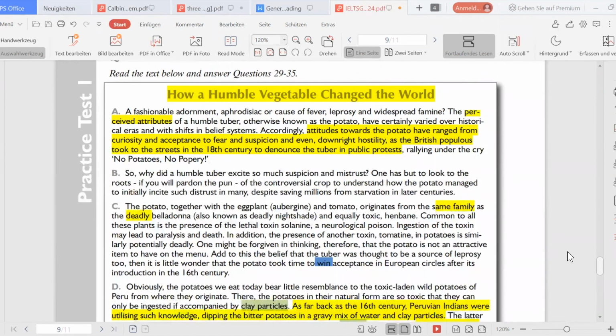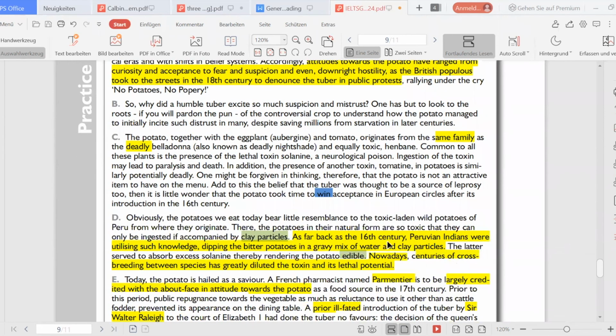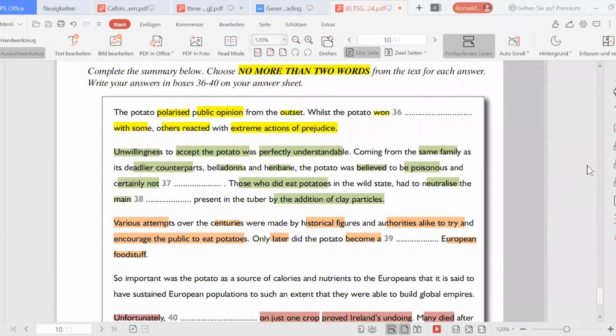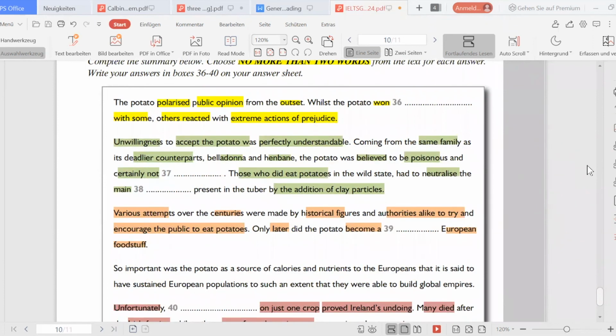So it's actually here. It's in C rather, okay? So the word when is here. So the potato took time to win acceptance, and obviously the answer is acceptance because of the word win. So when won, okay, won is the simple past, but win is the same word. So acceptance is the answer.